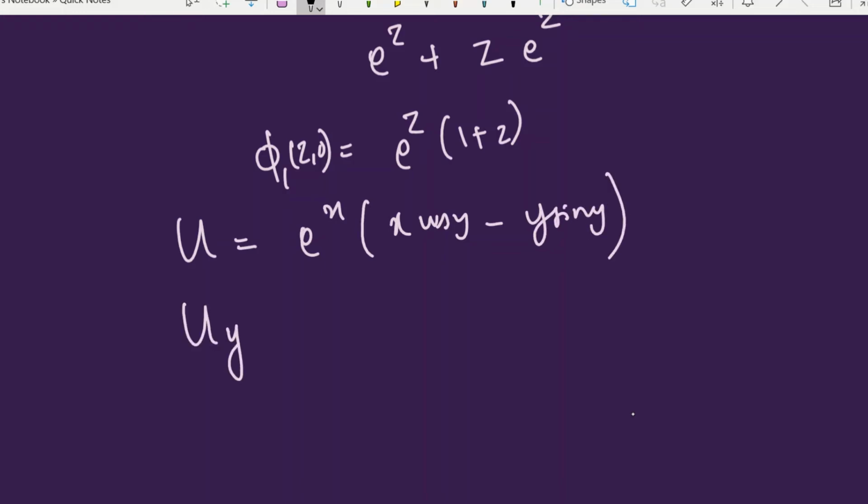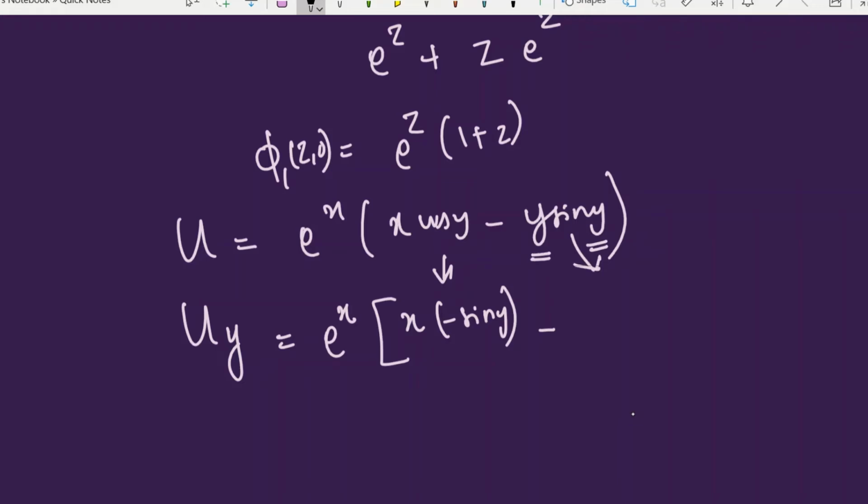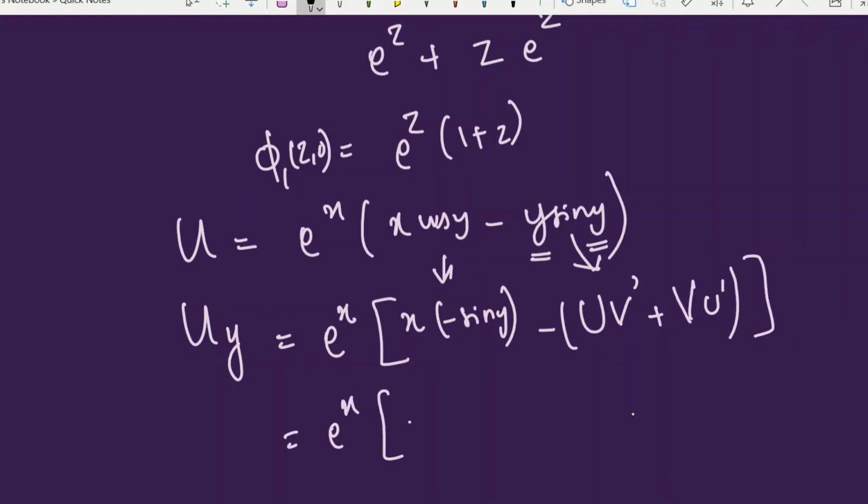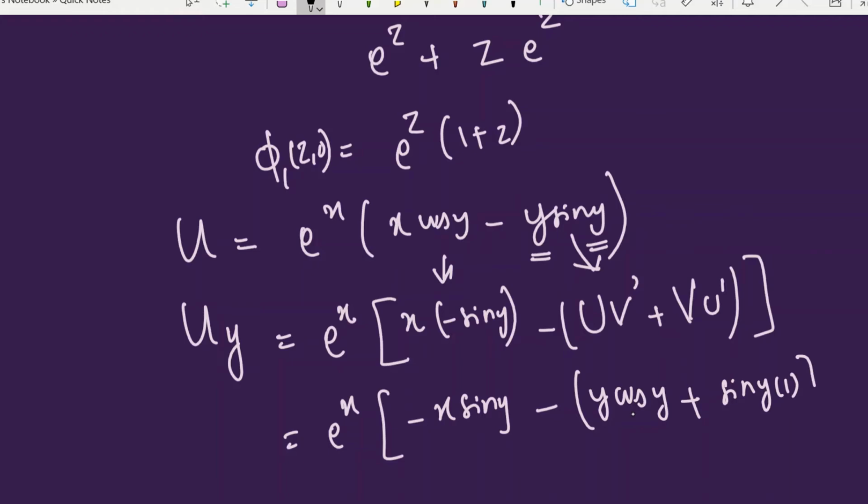U with respect to y: e power x is constant, x cos y differentiation is minus x sin y, minus, here we have two functions in terms of y only, so we use the product rule again, u v dash plus v u dash: y cos y plus sin y into 1.